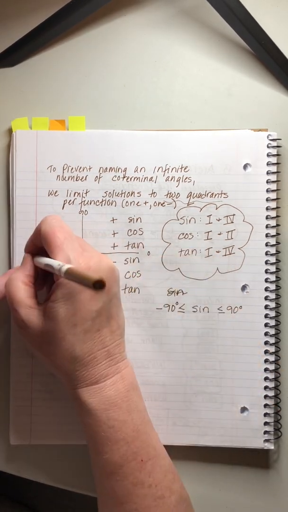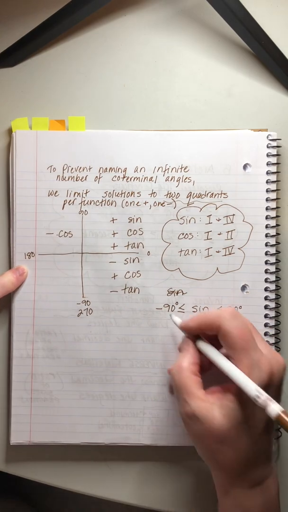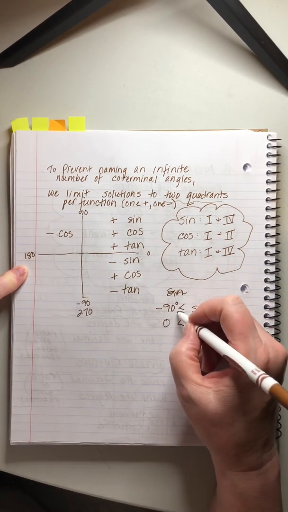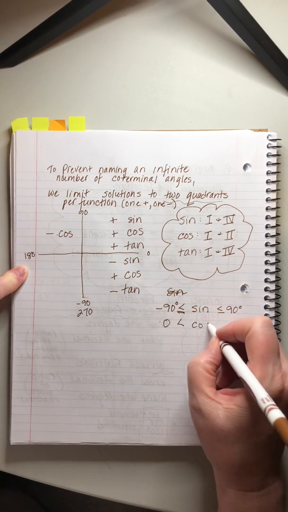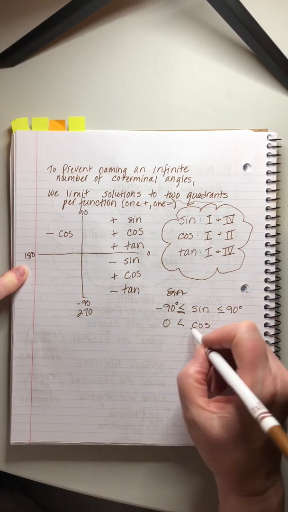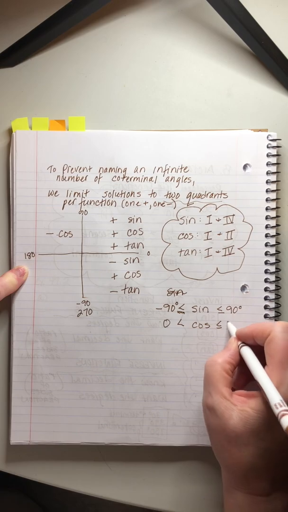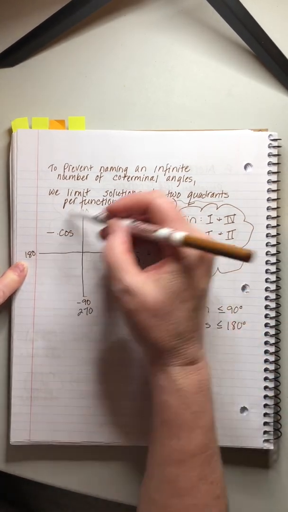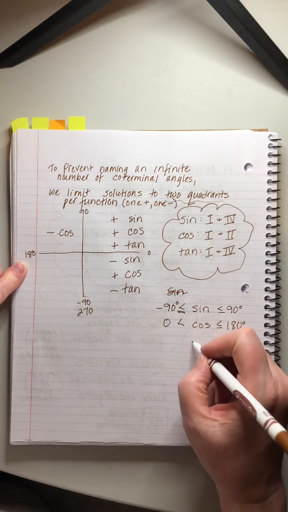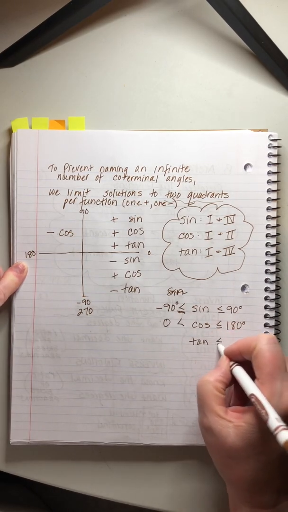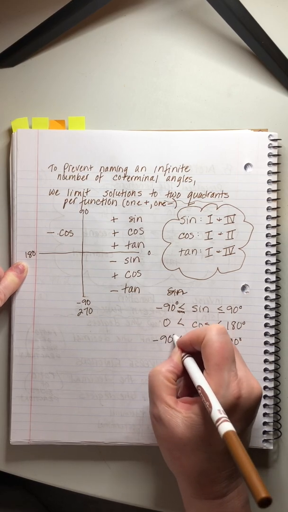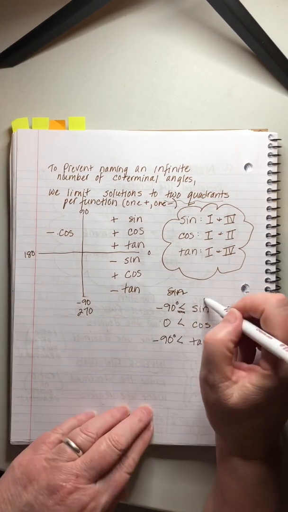And then we can call this 180. So for cosine, we say they're between 0 and 180, because cosine is this way. I think that's the way it's usually done. The equal to signs I'm not 100% sure of. And then for tangent, it looks just like sine. All right?